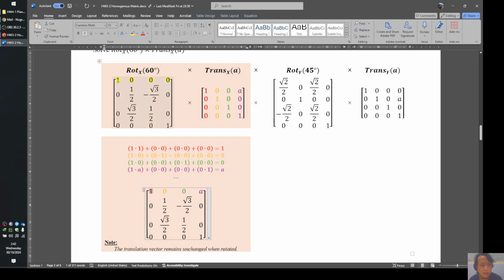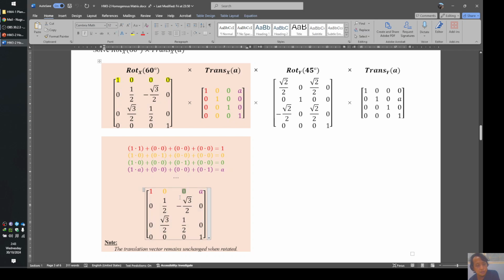And then the first row, like this one. We need to multiply 1 by 0, 1 times 0, 0 times 1, 0 times 0, 0 times 0, and the result is 0. So we put the 0 in here. For this position, we need 1 times 0, 0 times 0, 0 times 0, 0 times 0, the result is 0.